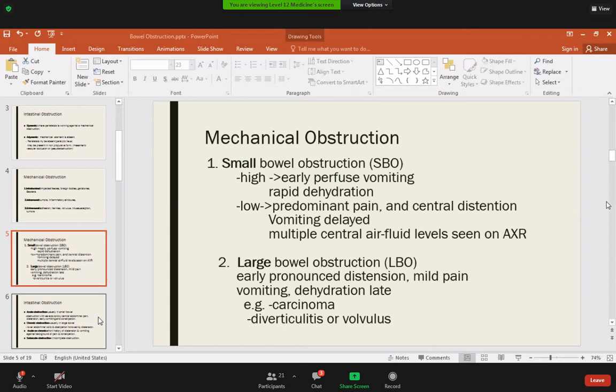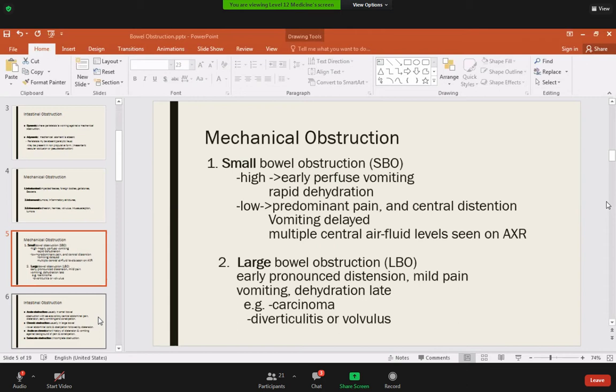So any problem in the small bowel usually presents as central abdominal distension. Now we have divided it into problems of the high small bowel and problems of the low small bowel. Problem in high small bowel means problem in the jejunum.